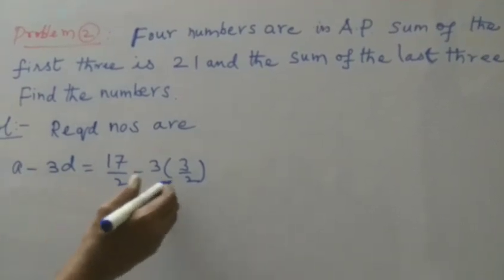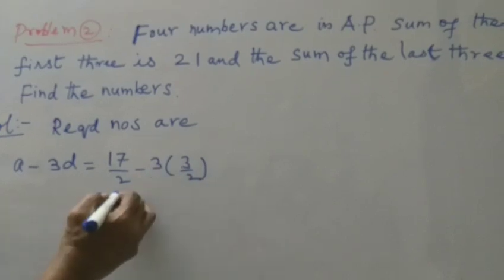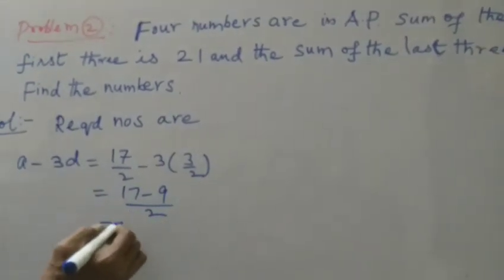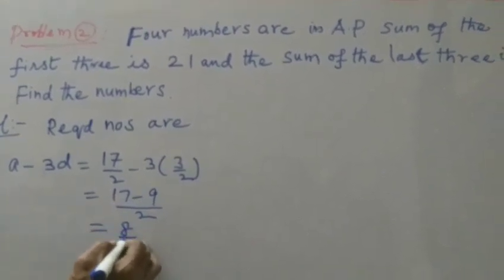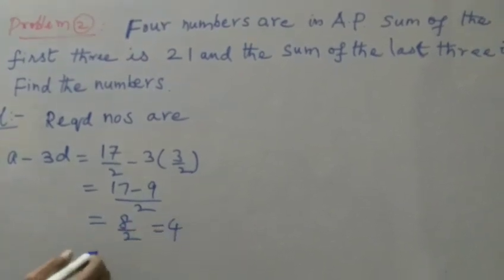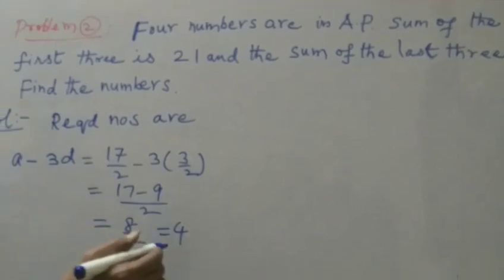The LCM is 2 here, so 3 3s are 9. 17 minus 9 by 2 is equal to 17 minus 9 becomes 8, 8 by 2 is equal to 4. a minus 3d is equal to 4.